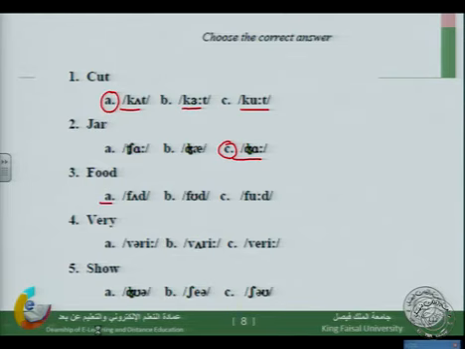Food, fud, food. هذه لاحظوا short vowel، هذه long vowel. Fad, food. C is the correct one. I will leave number 4 and number 5 to do it by yourself. Try to look at the transcription first and then match it with the word, with the letters.